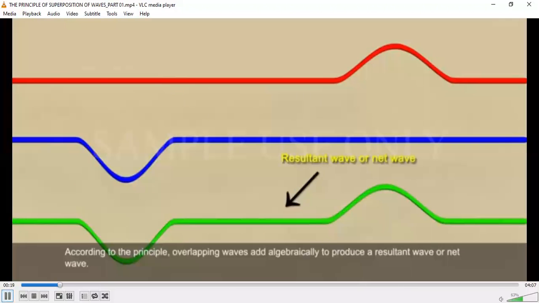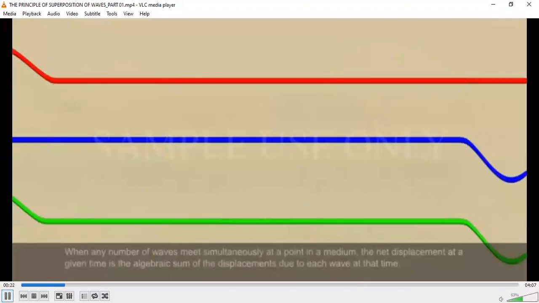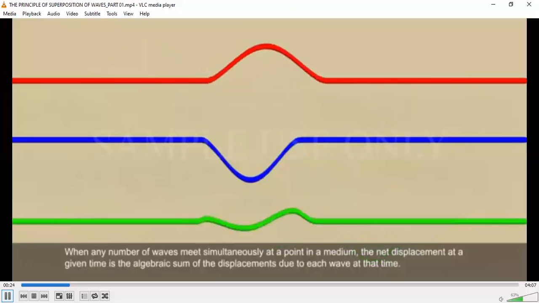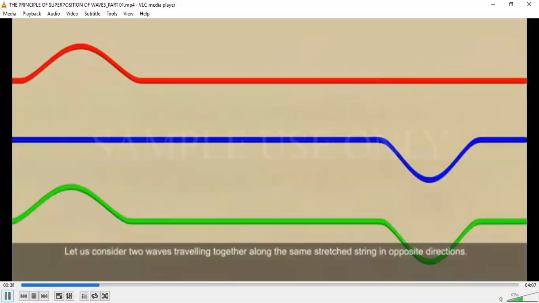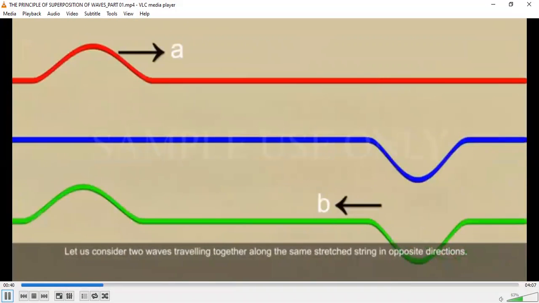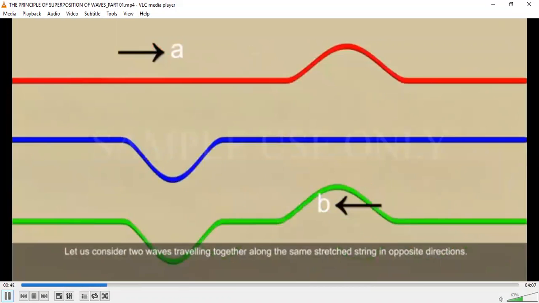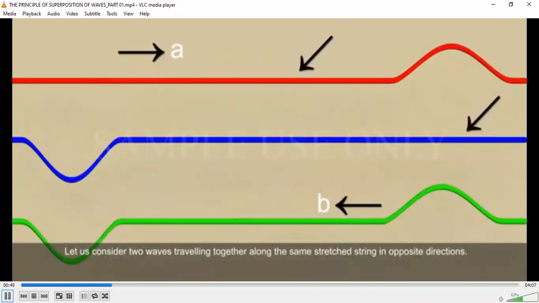Or net wave. In other words, when any number of waves meet simultaneously at a point in a medium, the net displacement at a given time is the algebraic sum of the displacements due to each wave at that time. For example, let us consider two waves traveling together along the same stretched string in opposite directions.